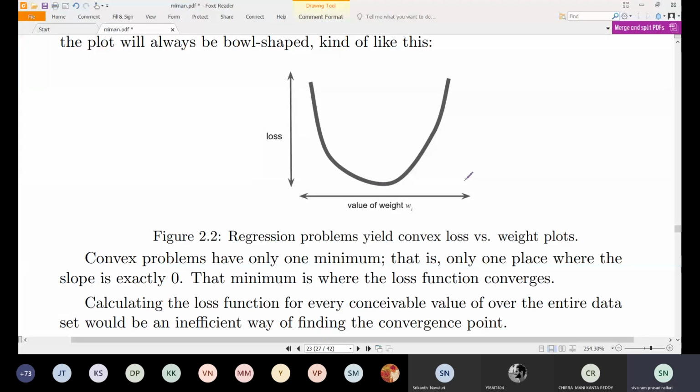So the gradient descent method will find out this weight, which is the optimal weight, where the loss is the least possible loss. Okay, maybe when you assume that the weight W1 is 0, the loss is very high. So what we do, we update the weight. This is the first iteration.